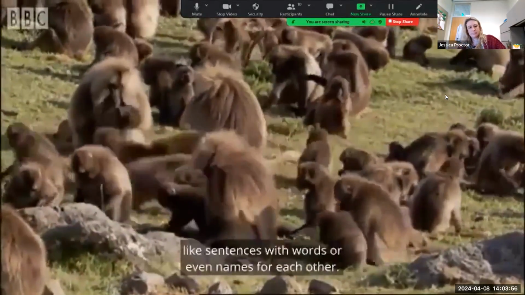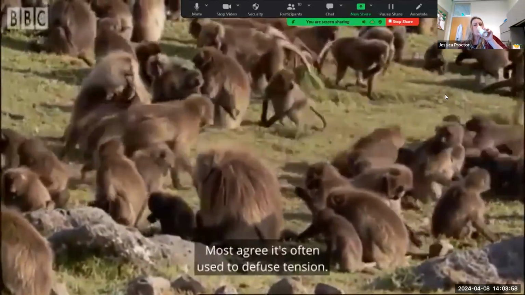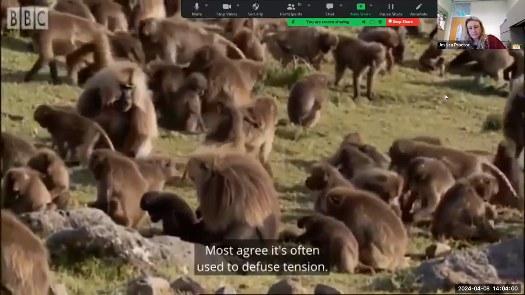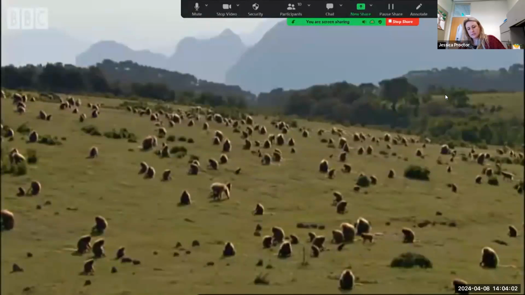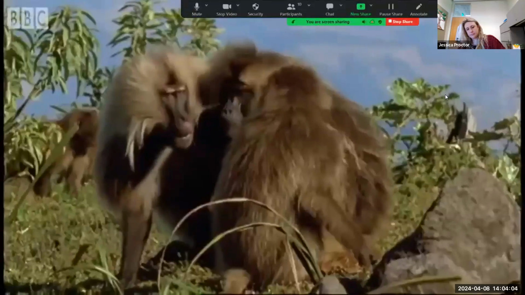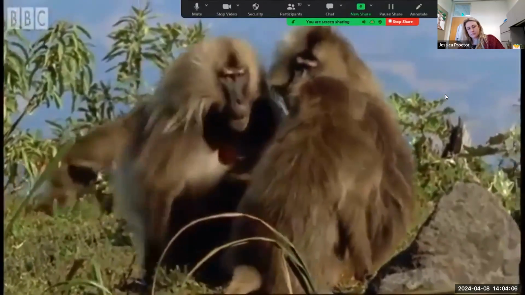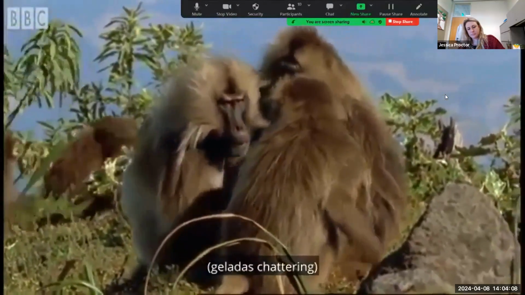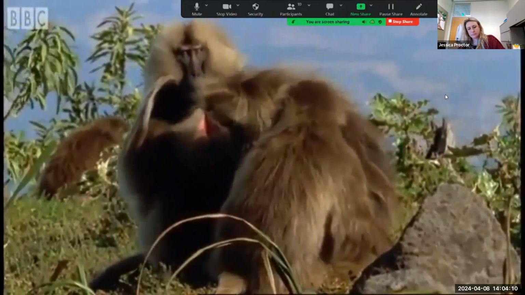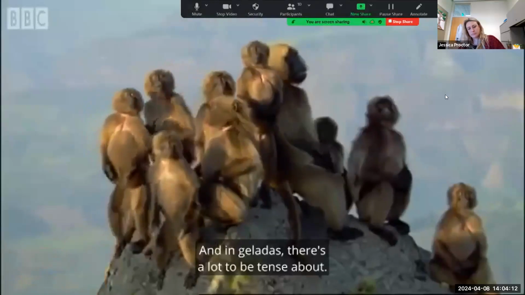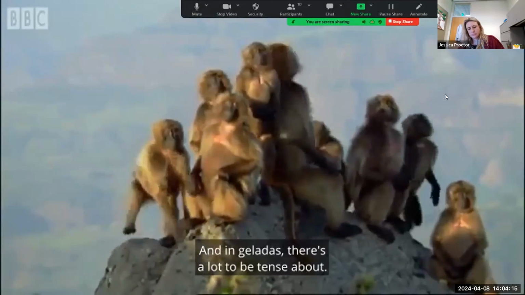The gossipy banter can sound to scientists like sentences with words or even names for each other. Most agree it's often used to defuse tension. And in Geladas, there's a lot to be tense about.